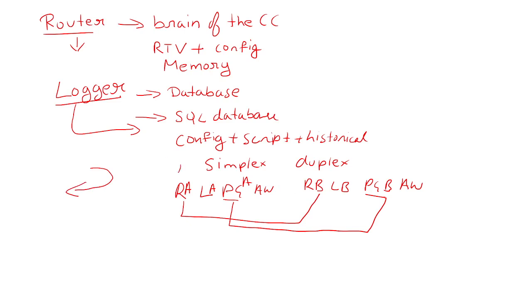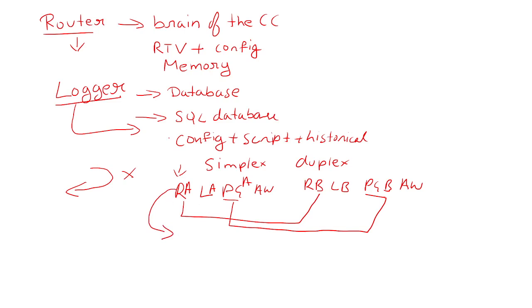If either goes down while the call is being served, the other side of the server takes care of it. The fault tolerance is very beautifully designed in UCCE so that there is minimum downtime during outages. Once the call is being served, it is in the router's memory, and when the call gets disconnected, this information is logged into the logger's database.